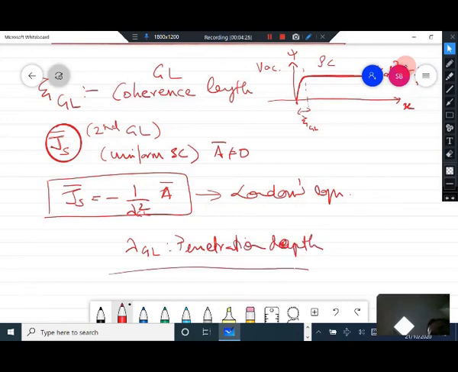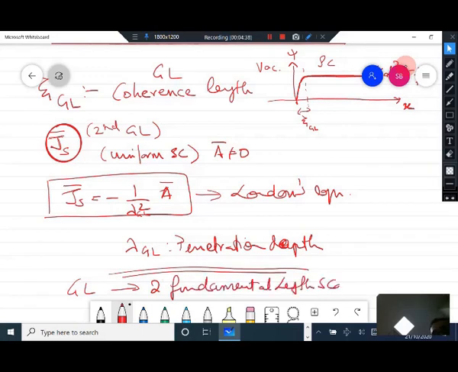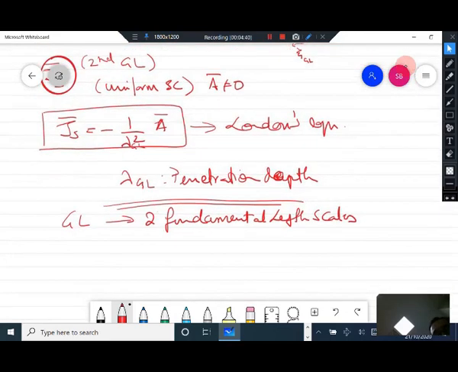So from your GL equations you get two fundamental length scales which you can derive.